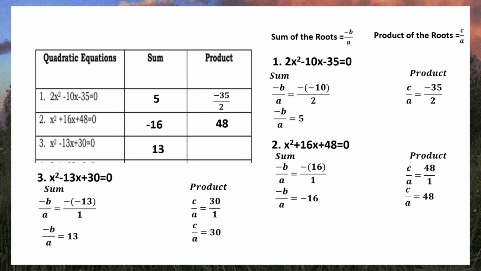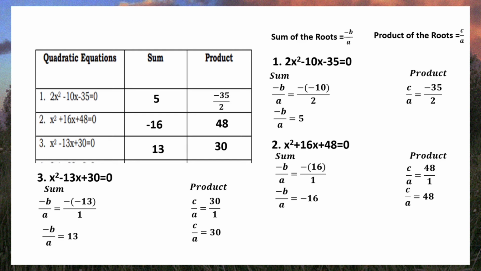So our sum is 13 and the product is 30. So ganun po ang paghahanap ng sum and product. For the formula, for the sum of the roots, negative b over a. And for the product of the roots, that is c over a from the given quadratic equations.